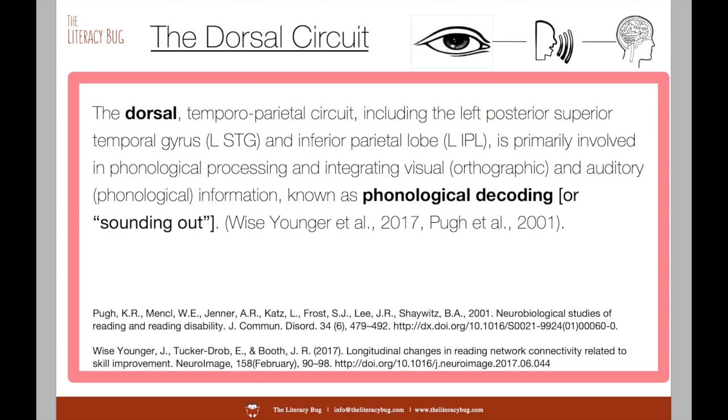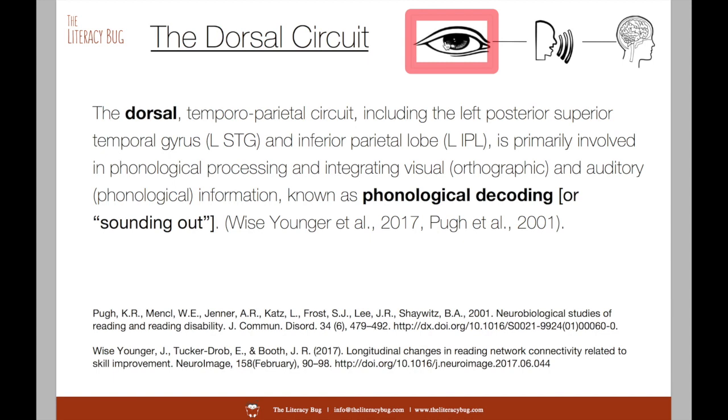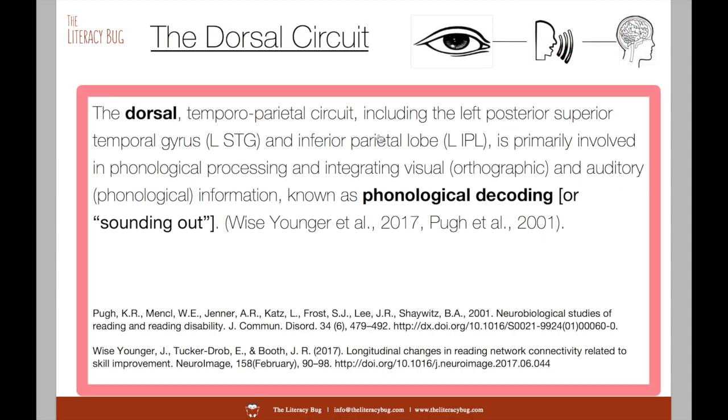The dorsal circuit, which we have here: the eye sees the word and laboriously sounds it out, based upon their understanding of phonological structures and orthographic patterns, and they go, wow, I know that word. I've got a picture in my mind. I just read the word book, but I saw k, book. Oh no, I know that one. And there's an excitement of, wow, I just read that word, and it's something that I know.